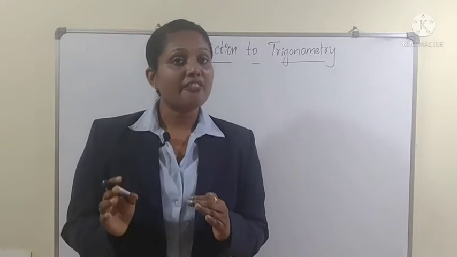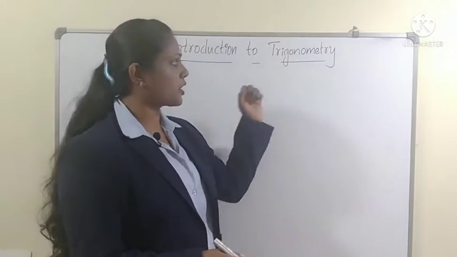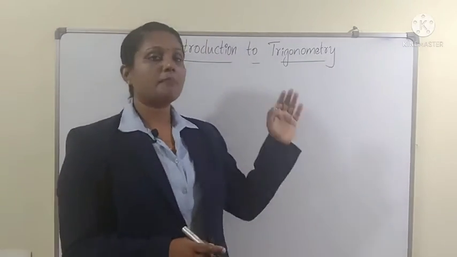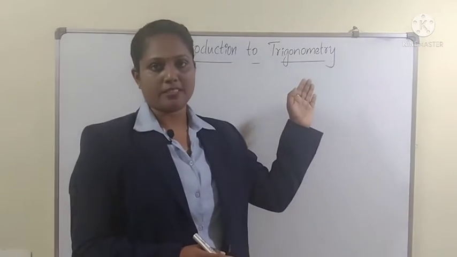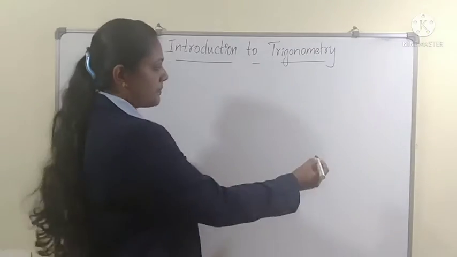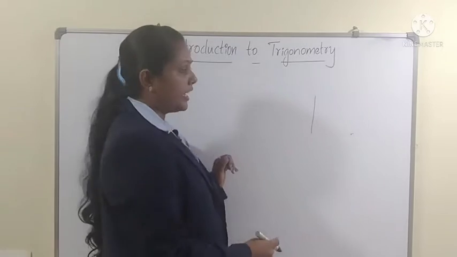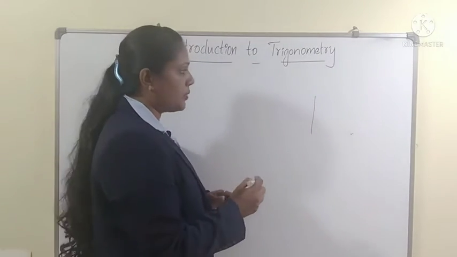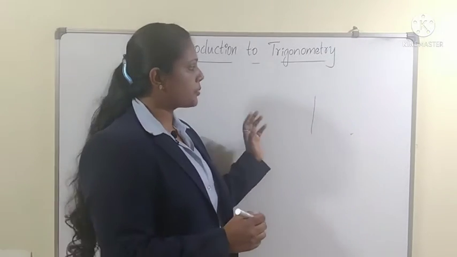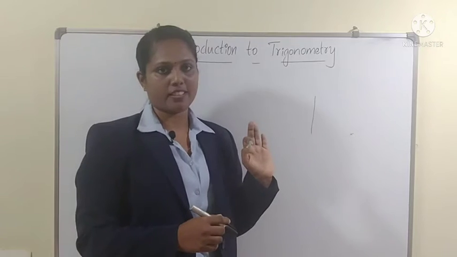We can find the height using this concept called trigonometry. If I am standing here and the Burj Khalifa is there, how do we find its height? We have to imagine the concept of a right angle triangle here.